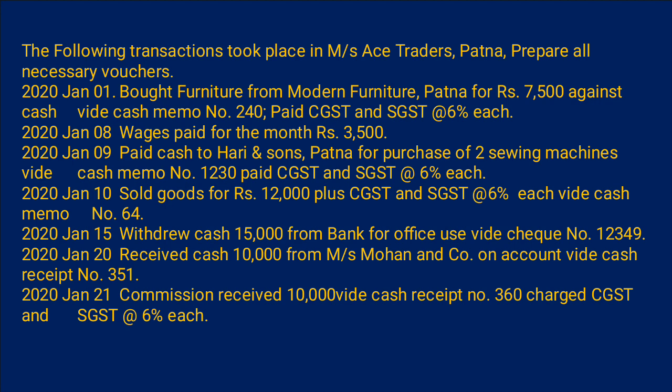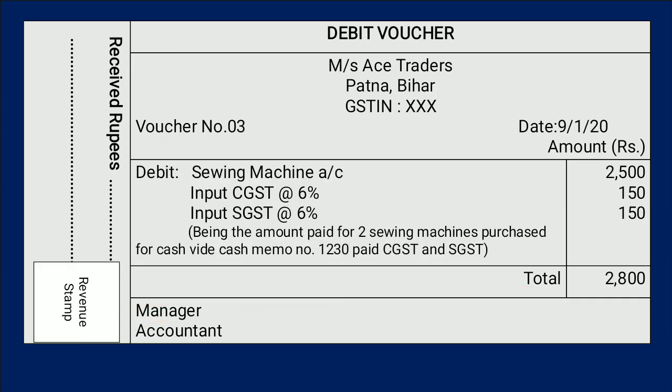Let's check our third transaction. What is the third transaction? Paid cash to Hari and Sons, Patna, for purchase of 2 sewing machines, with cash memo number 1230, paid CGST and SGST 6%. In this question I forgot to mention the transaction amount, but I have included it here.